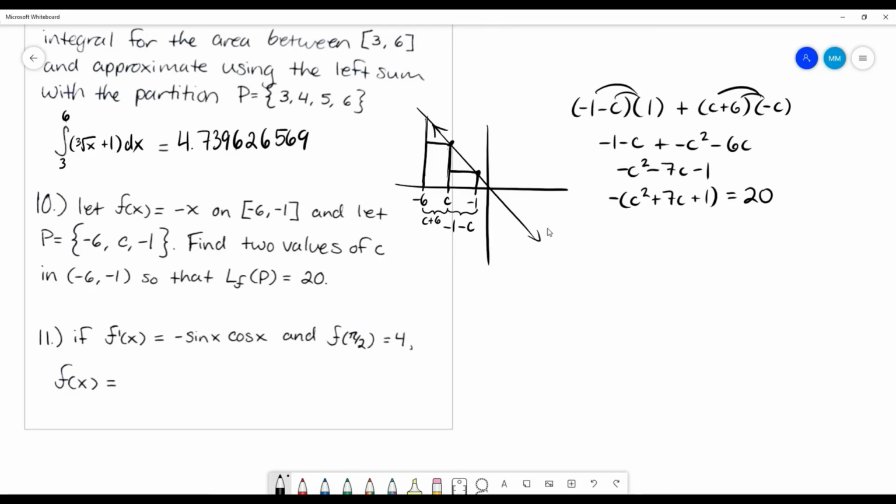So, and let's actually undo that little factoring bit there, because it just makes it a little bit more annoying right now. So now I'm going to subtract 20 from both sides, and now I get -c squared minus 7c minus 21 equals 0. Now if I solve that for its roots, I don't think that is factorable either.